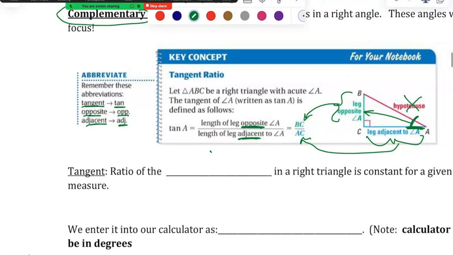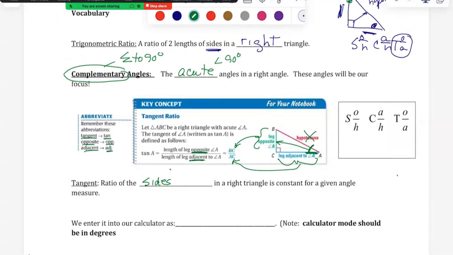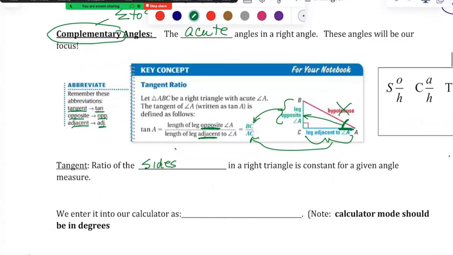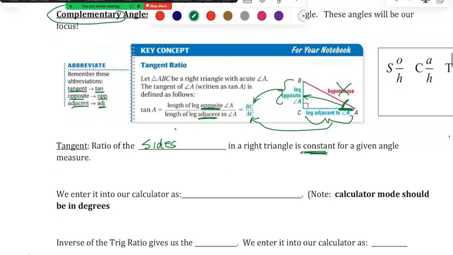Okay, tangent is the ratio of the sides in a right triangle, and it's going to be constant for a given angle measure. We enter it into our calculator as tan, and then you put in your ratio.